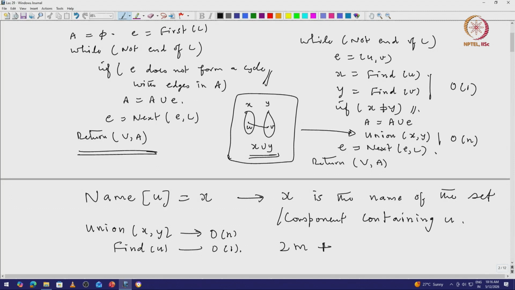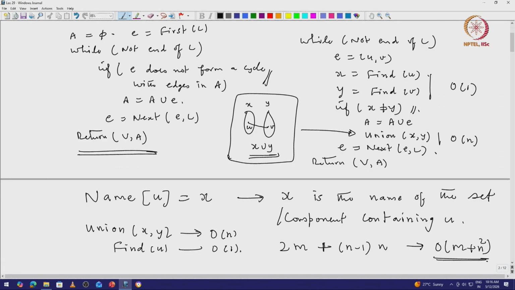For each edge of the spanning tree you will perform 1 union operation, and any spanning tree is going to have only n minus 1 edges, therefore those n minus 1 times n, and therefore this becomes an order m plus n square algorithm. It is a very nice implementation of Kruskal's algorithm.